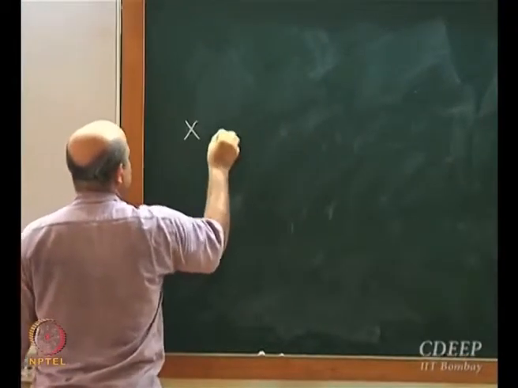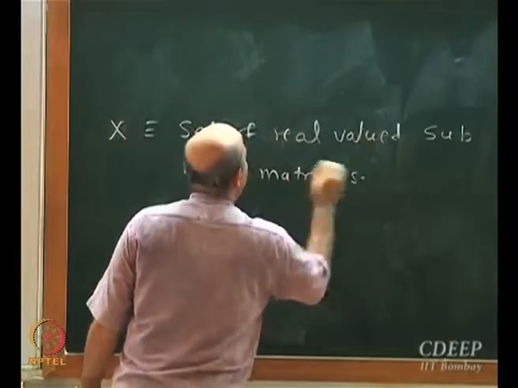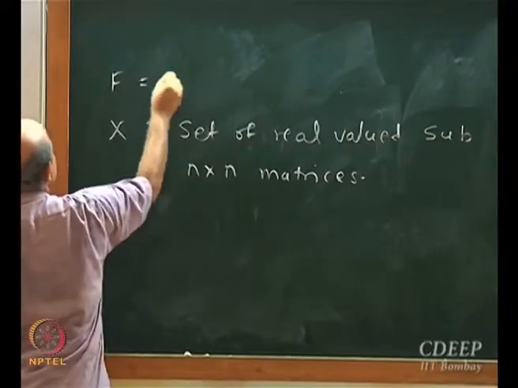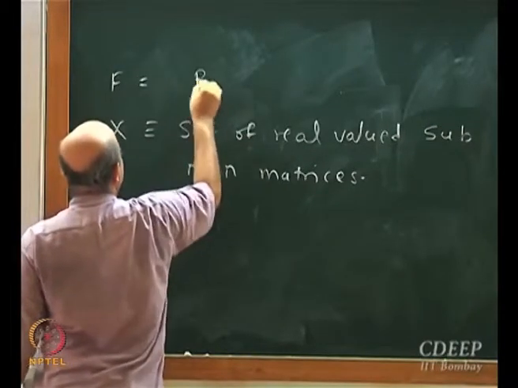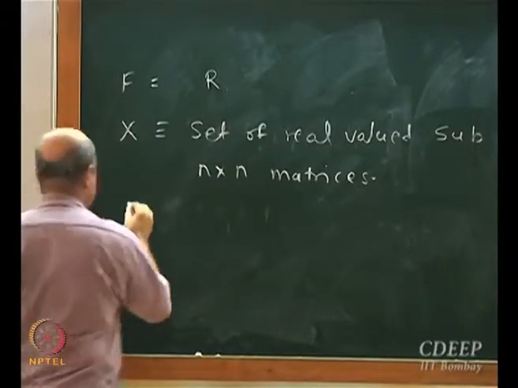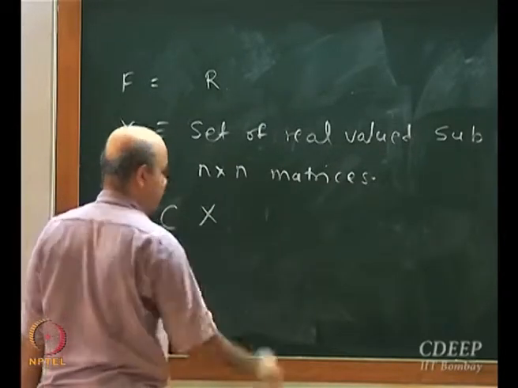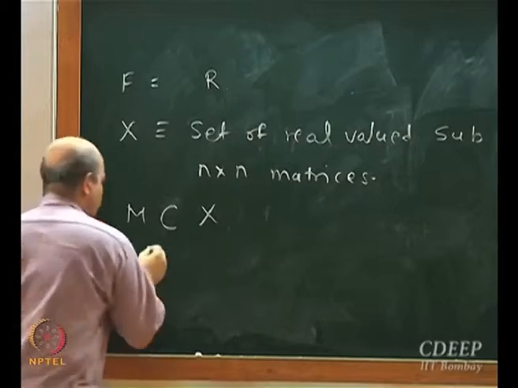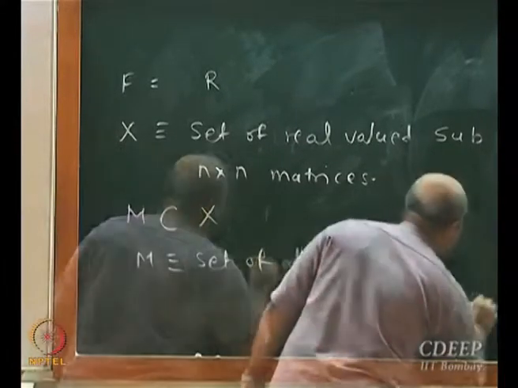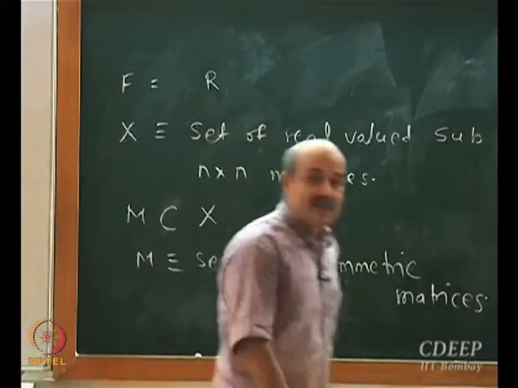So let my X be the set of n cross n matrices, and of course my field is R. I'm going to define a subset M, a non-empty subset of X, as the set of all symmetric matrices. Is it a subspace?